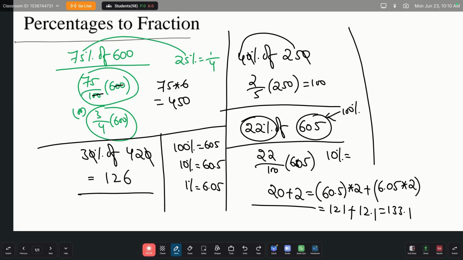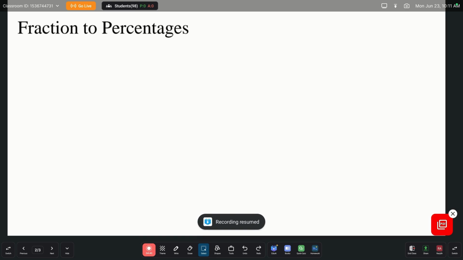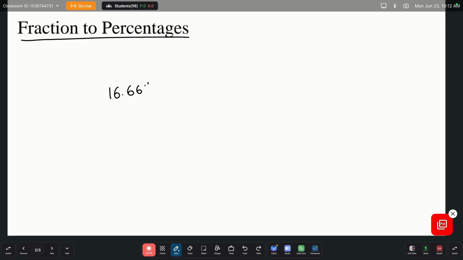But fractions to percentage: in fractions to percentage, we have 16.66% of 960. We can find out 10% of 960, 15% of some value. But if we have fractions to percentage, how can we find out? Just look here. This is very important.